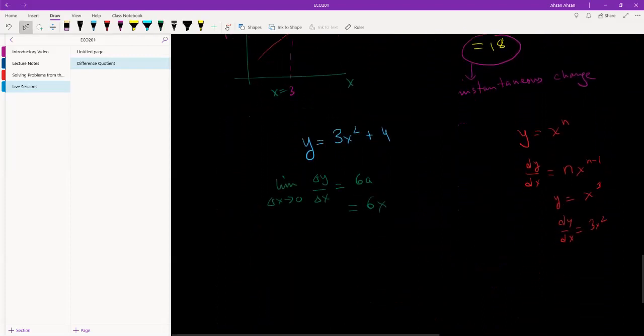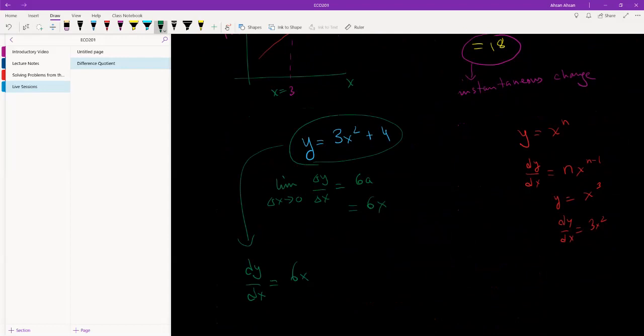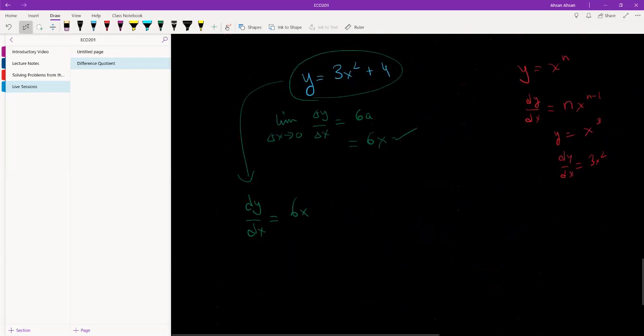6x. And now notice that if you had differentiated this, dy dx, you would have gotten 6x, which is what we have here. So what you need to notice is that we start off with the average change, which gives us the average change in y over an interval or over a range of x.